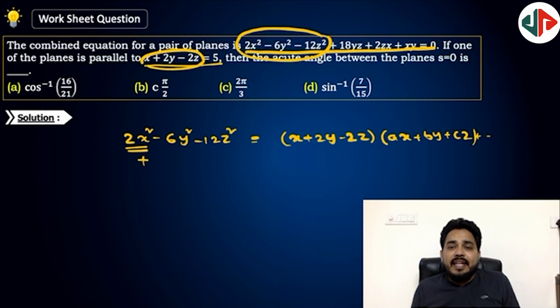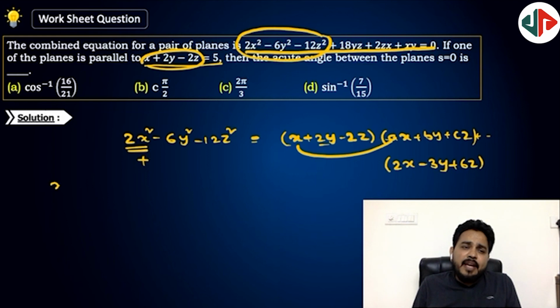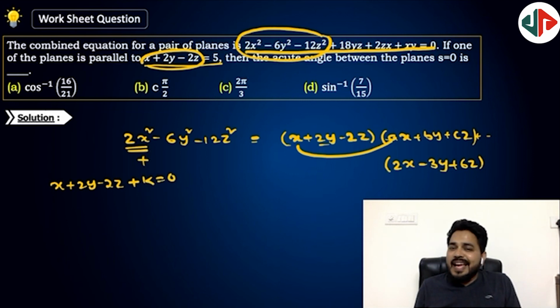So here A should be equal to 2. So this plane should be 2x, next 2b is minus 3y and here plus 6z. So one plane will be x plus 2y minus 2z plus k is equal to 0. Another plane will be 2x minus 3y plus 6z plus L is equal to 0.